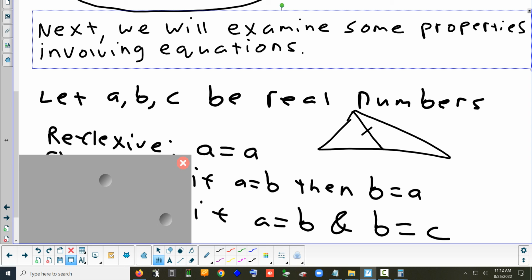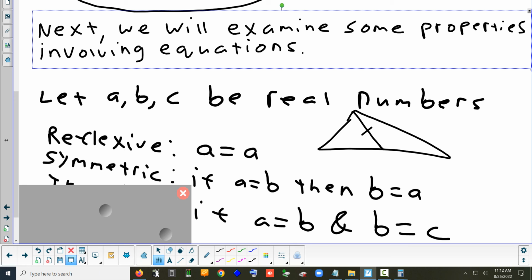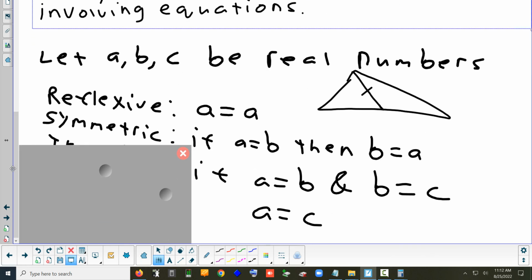How about this one? If A equals B, then B equals A. Yeah? Symmetric. That's symmetric. Symmetric just means like if you end up with an answer 2 equals x, you could rewrite it as x equals 2. You are allowed to switch what's on each side of the equal sign. That's not commutative. We're switching what's on each side. We're not switching two things within the same side.